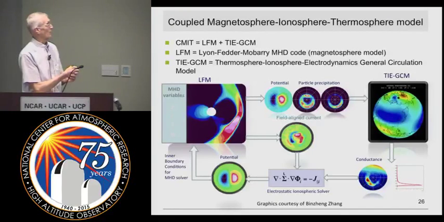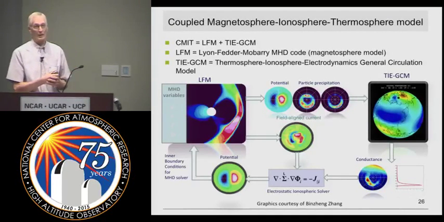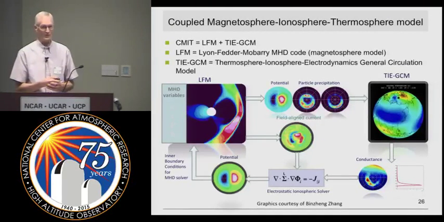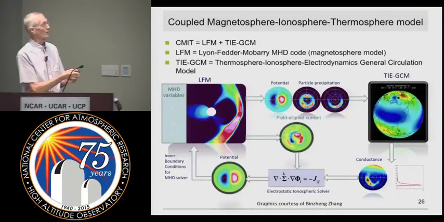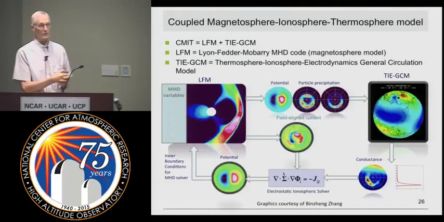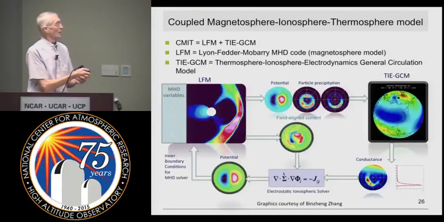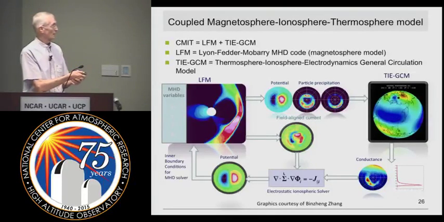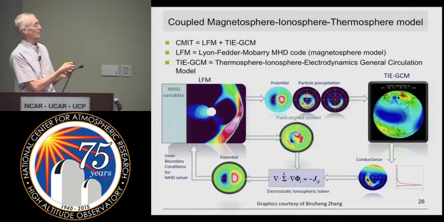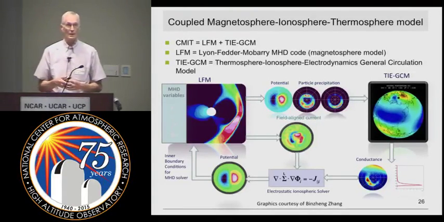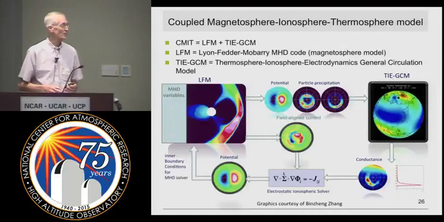They start from a hydrodynamic model of the magnetosphere, use it to predict the types of electric currents that will flow into the upper atmosphere, as well as the energetic particles that produce the aurora. Using that, solve for the electric potential, which feeds back in, as a boundary condition in the magnetospheric model.